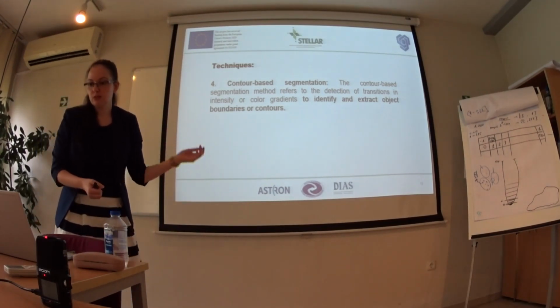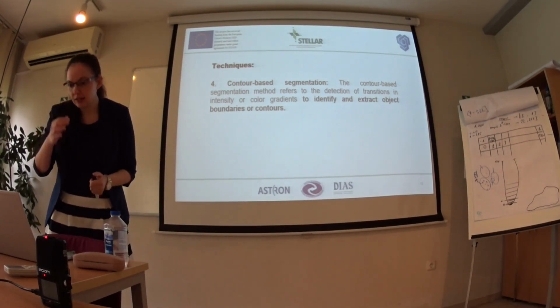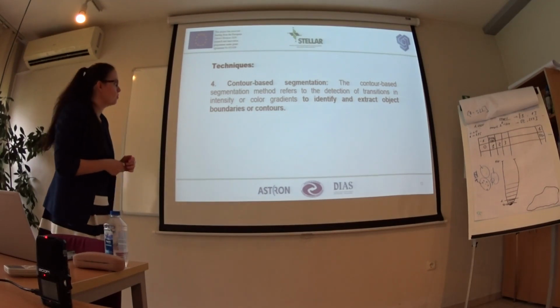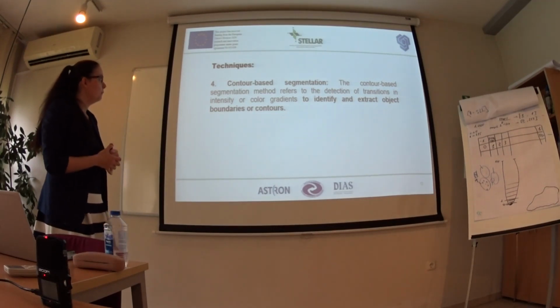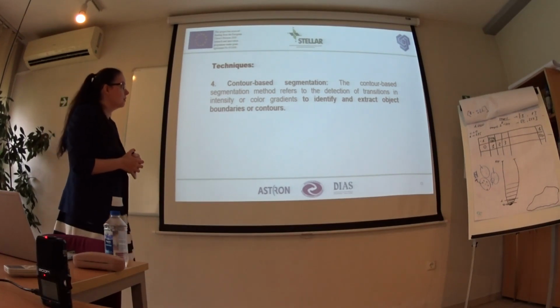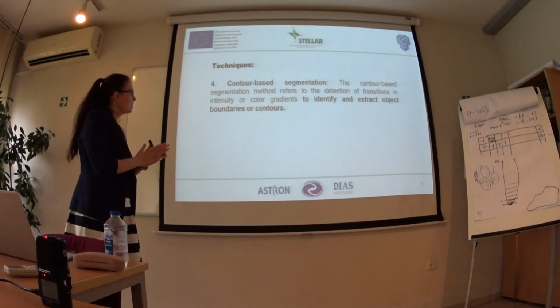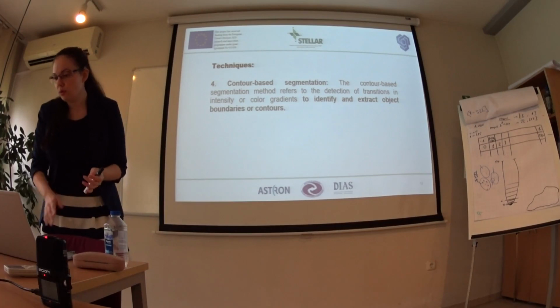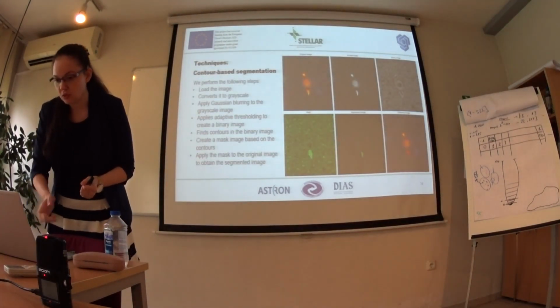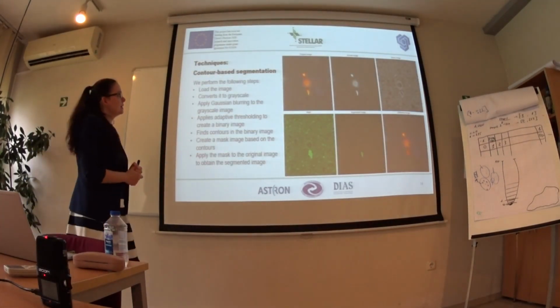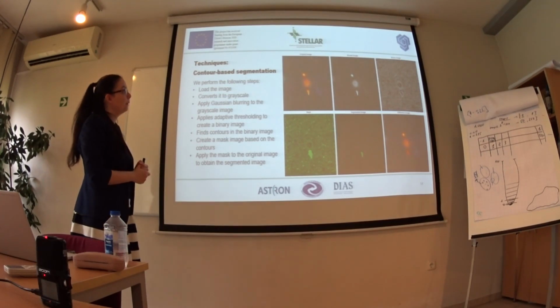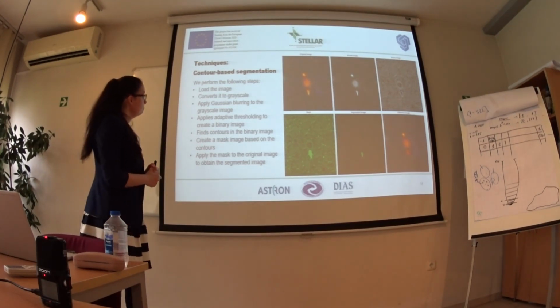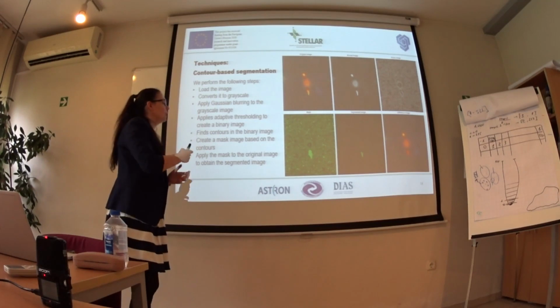Okay, the next one is contour-based segmentation, where we will try to identify and extract the boundaries or contour of the image. There is one solution. First, of course, we load our image.